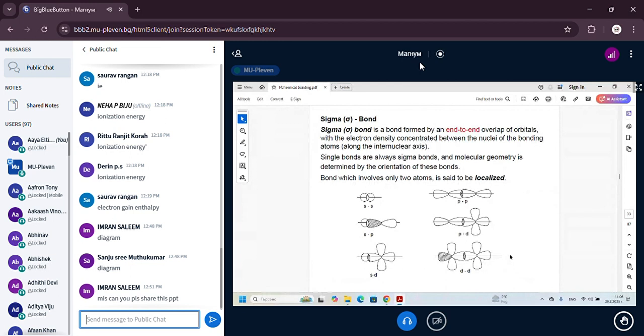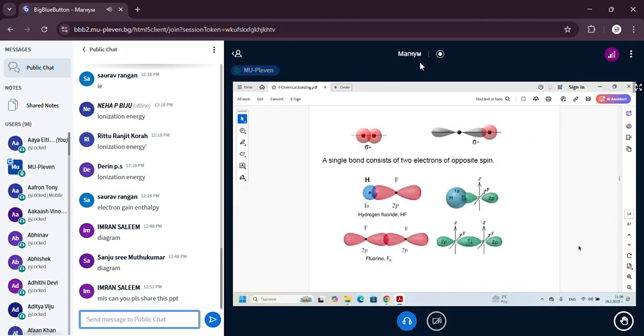So in the formation of sigma bonds, all types of atomic orbitals can take part. Better pictures of bonding copied from internet.